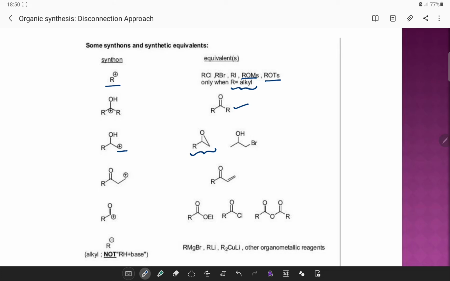Ring opening reaction of an epoxide system can give rise to a synthon like R-OH+, or instead of that epoxide system, if I attach a Br to it, then it can give me a synthetic equivalent where I can get a positive charge on the carbon adjacent to the OH.